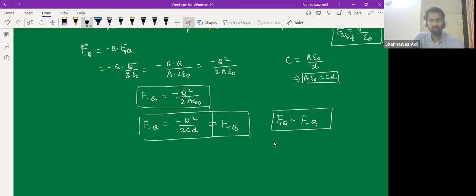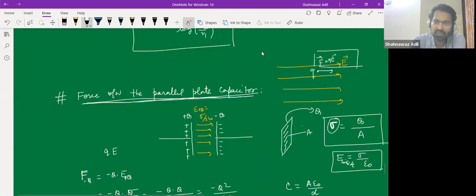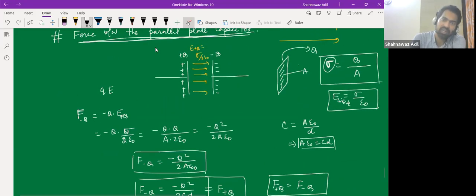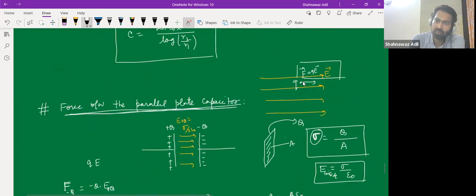So the direction will be opposite, because you see that if you have this minus q charge, and in the electric field you put a plus q charge, the force is in this direction. And if you put a minus q charge, the force is in this direction, right?